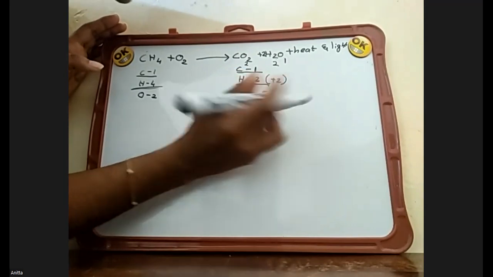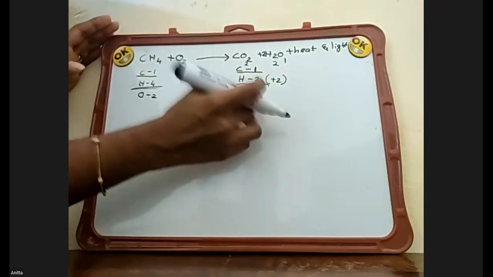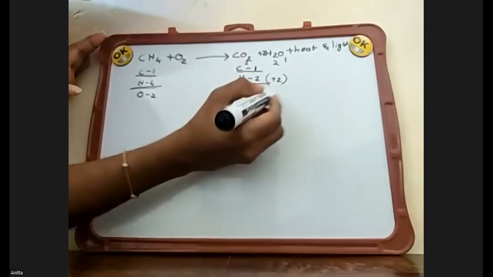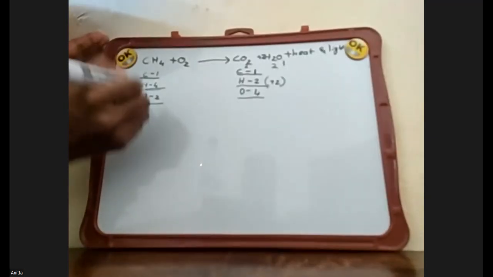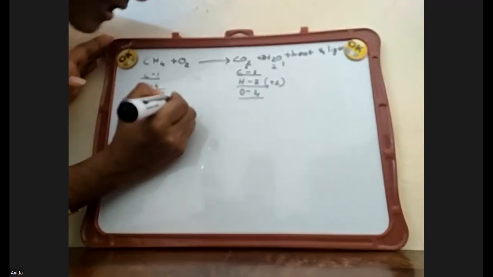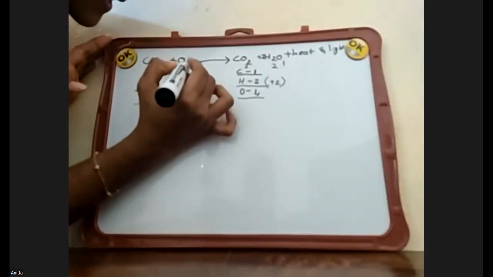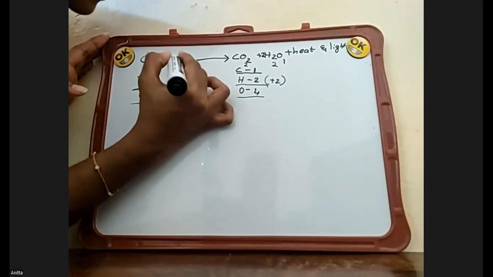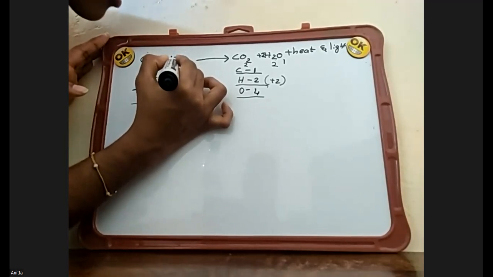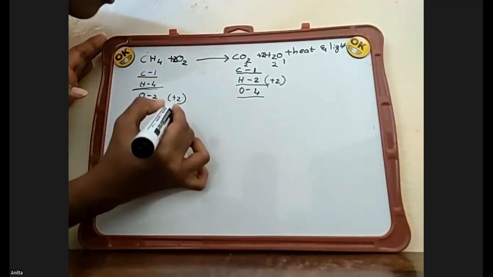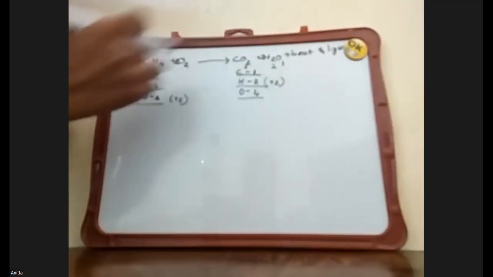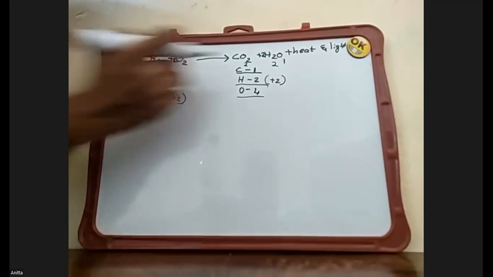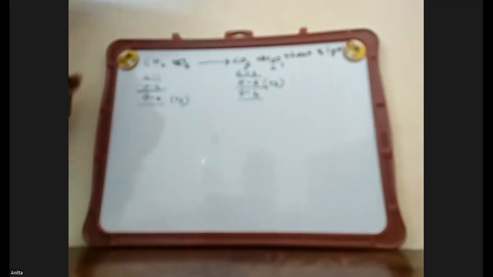Now we take oxygen on both sides. Here 4 oxygen, and on the other side 2 oxygen, so 2 oxygen is left. So we write 2 in front of O2. So 2 into 2, 4 oxygen on both sides. We can say oxygen is balanced. So this equation is balanced now.